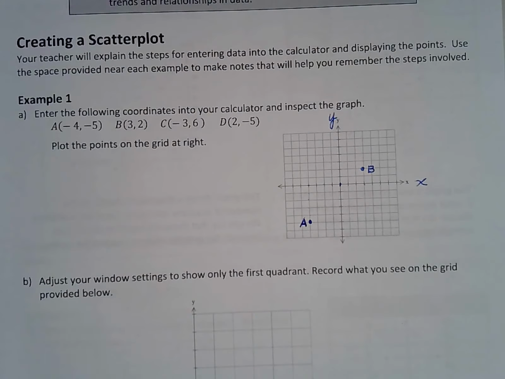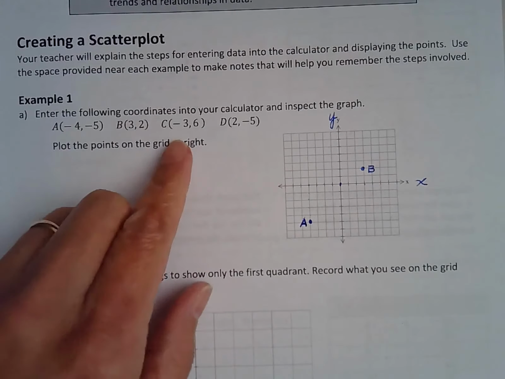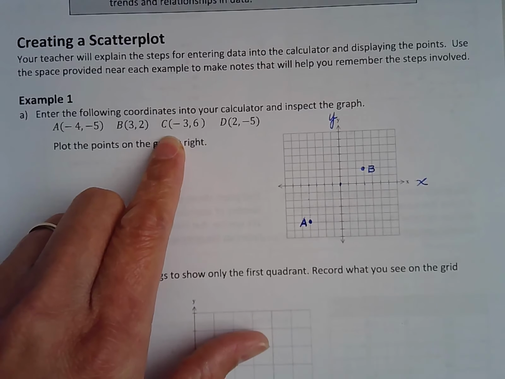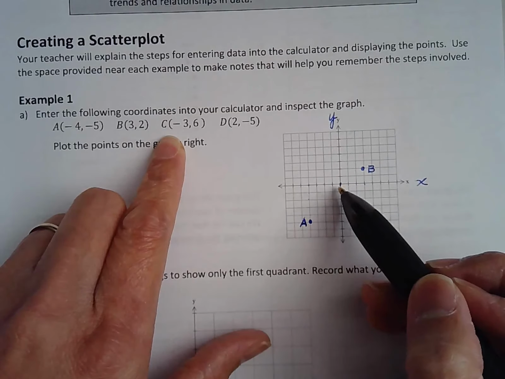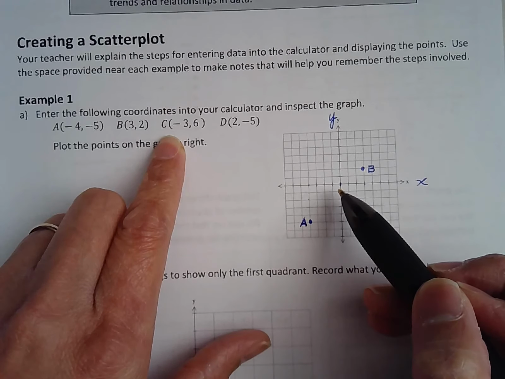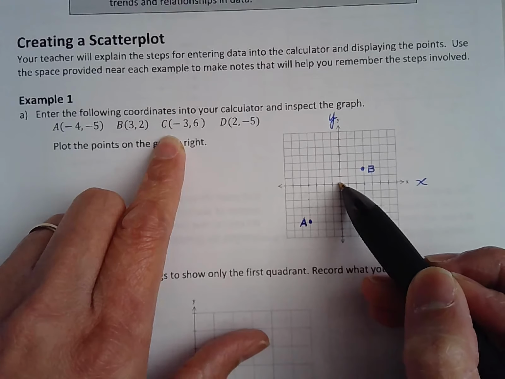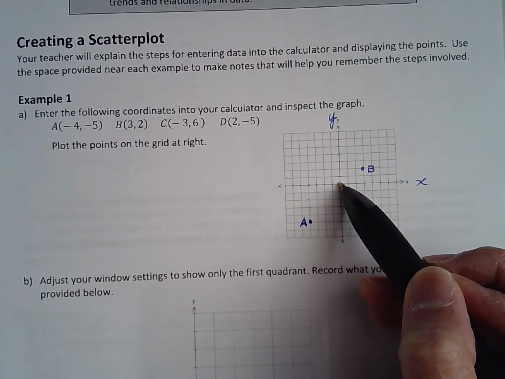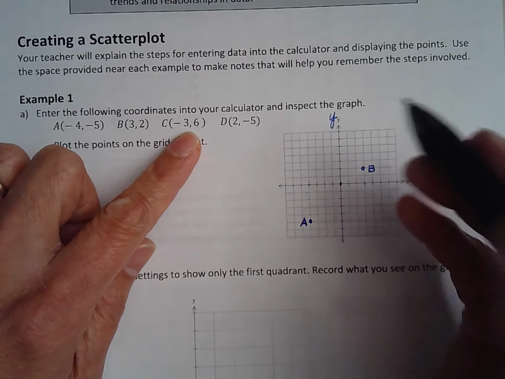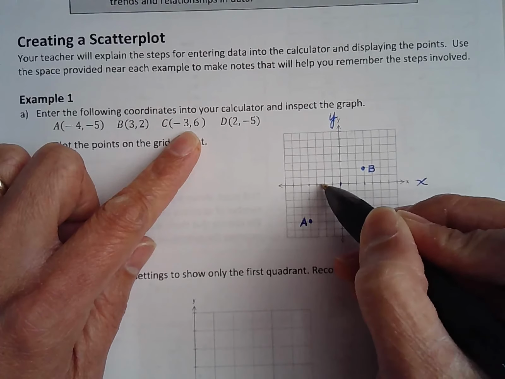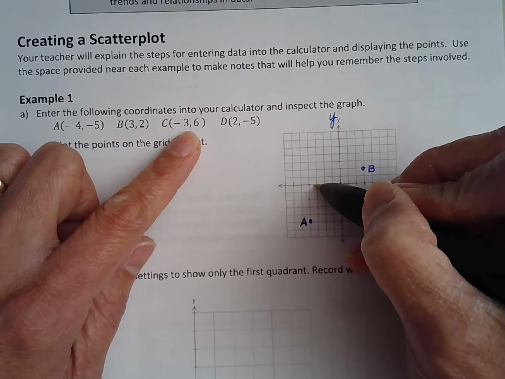Now let's take a look at letter C. -3, 6. So you're starting at 0, 0, and you're going to go to the left 3 and then up 6. 1, 2, 3 to the left and then 6 up.